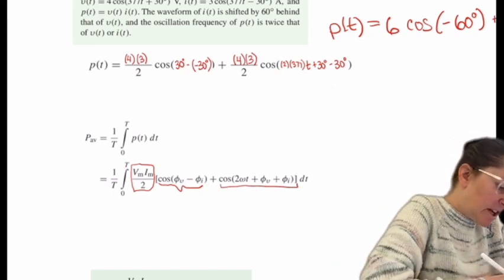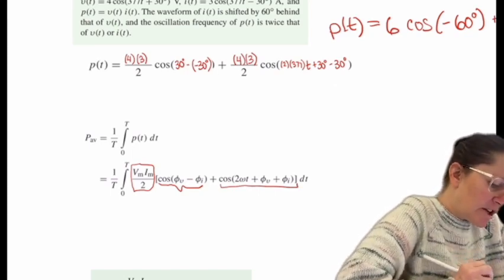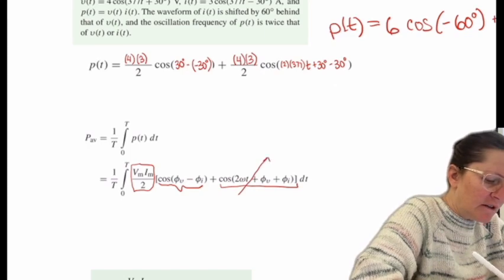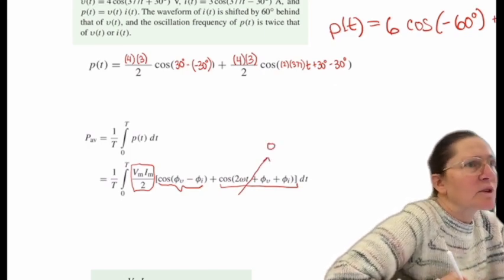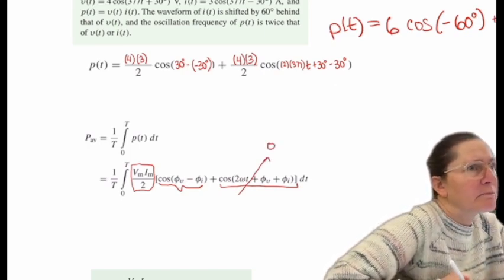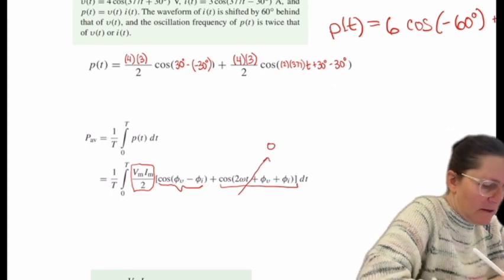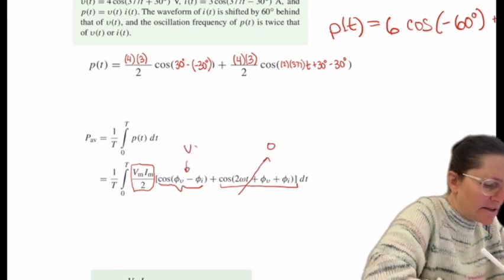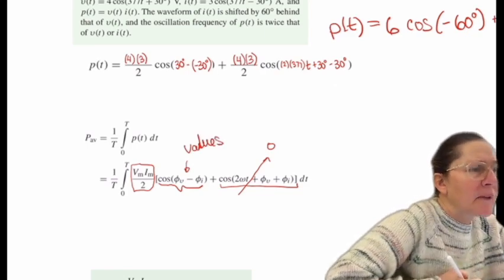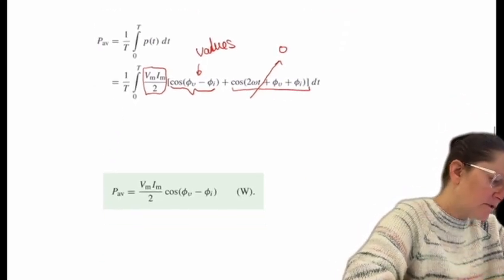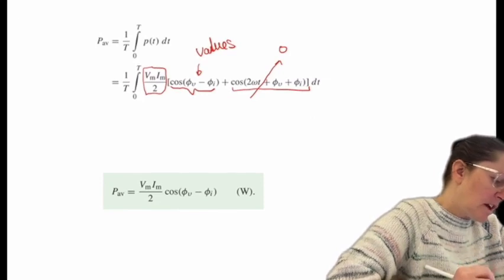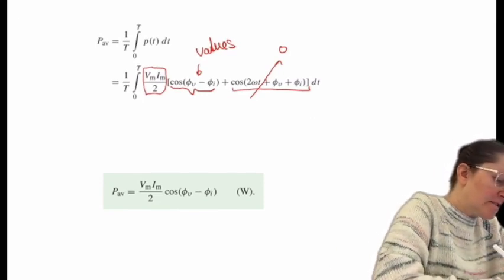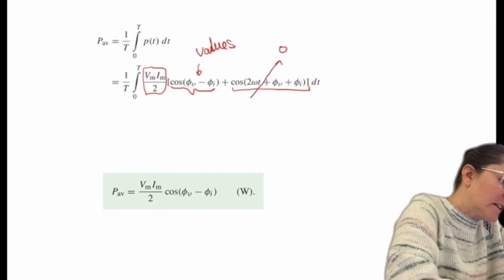So notice that the average would be the integration of a cosine, which you integrate to 0. These are just values, and they don't have any t's to them, so it becomes a constant. So you just bring that out, and then the 1 over T, so this whole portion is a constant here.